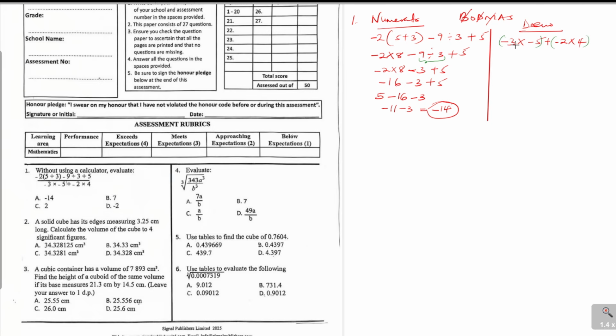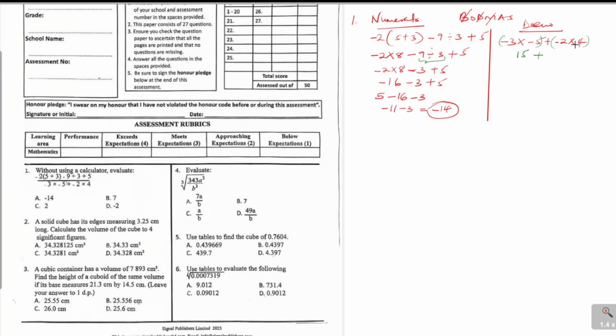So negative 3 multiplied by negative 5. Remember, negative multiplied by negative will give positive. So we have -3 times -5. That will give positive 15. Then plus -2 times positive 4.